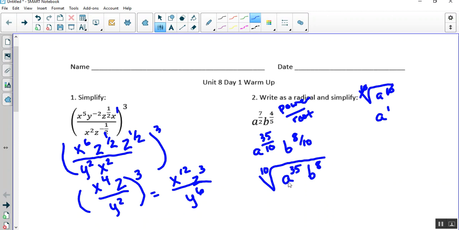So what I can do is I can take 3 10s out of this. That would give me a to the 3rd. It's still a 10th root. That didn't go away. If I take 3 10s out, I'm still left with 5 a's. So I have a to the 5th. And I don't have enough b's to take any b's out because I would need 10, and I only have 8. So that's b to the 8.